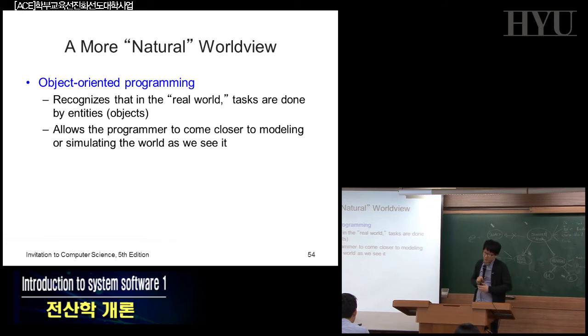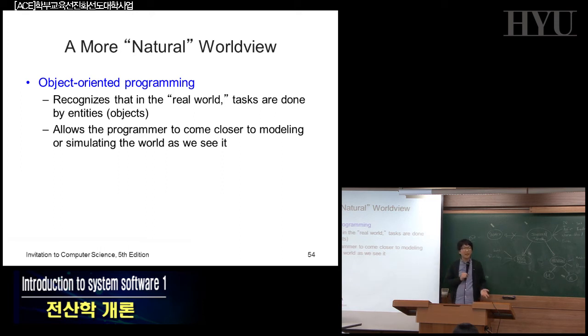So it's a much more natural way of looking at a program, OOP. Again, it's a somewhat difficult concept to take in your first year programming courses. It's actually not such an easy concept. Just try it.